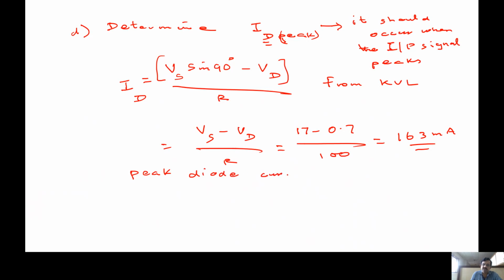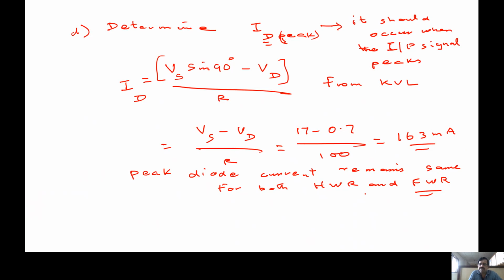Peak diode current remains same for both half wave rectifier and full wave rectifier. I got to be careful here. I must use the word full wave rectifier, the center tap, okay, because bridge rectifier is also a full wave rectifier only.